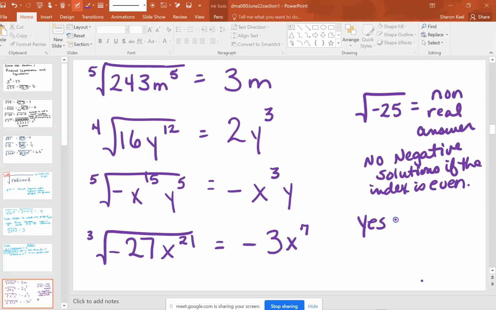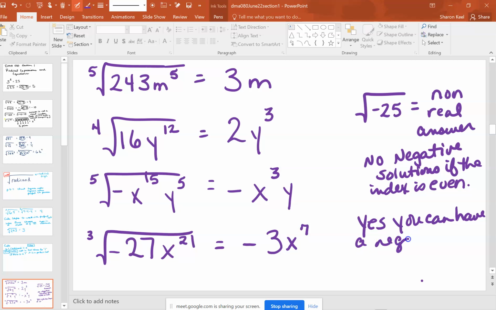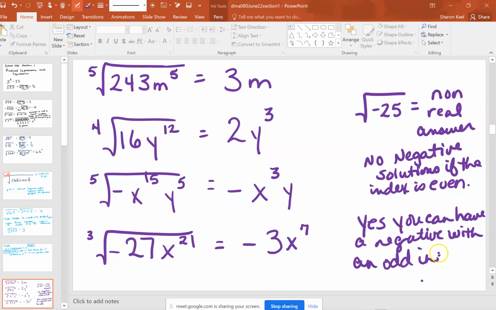Yes, you can have a negative with an odd index. The reason is for every pair of negatives, it becomes a positive. So once you have that odd negative thrown in, then you can have a negative answer, a negative solution.